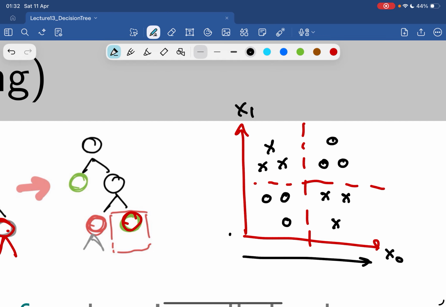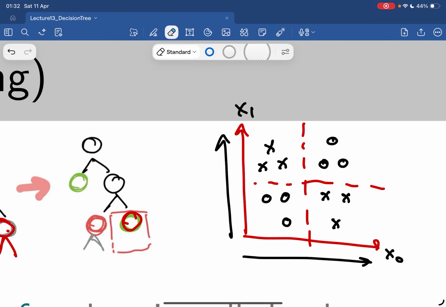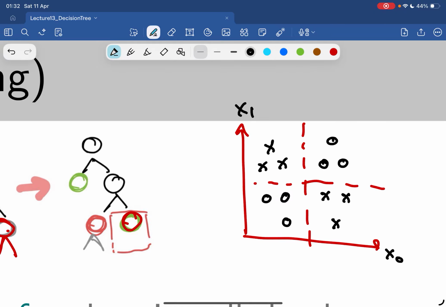Or when you do the sorting for x1 that gives you pure, it wouldn't give you pure. Then pretty much you end up with something like decision, then decision, and then you end up with having 4 leaves. Yeah, so this is for this case.